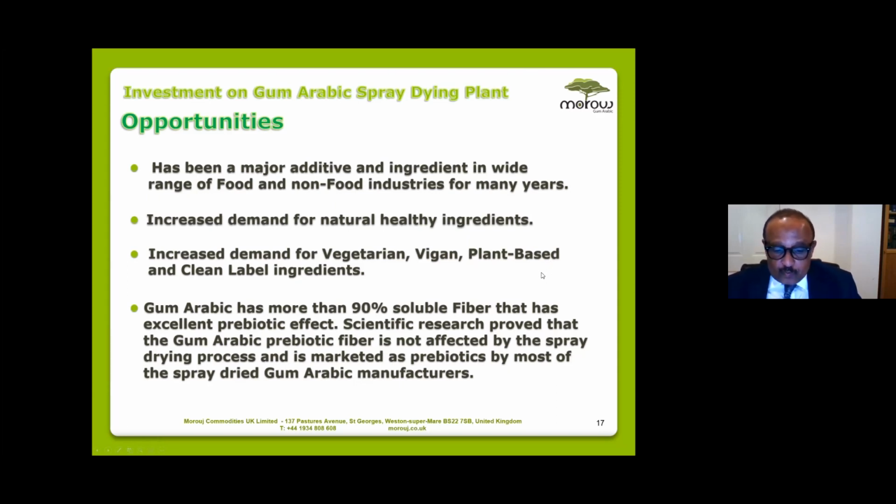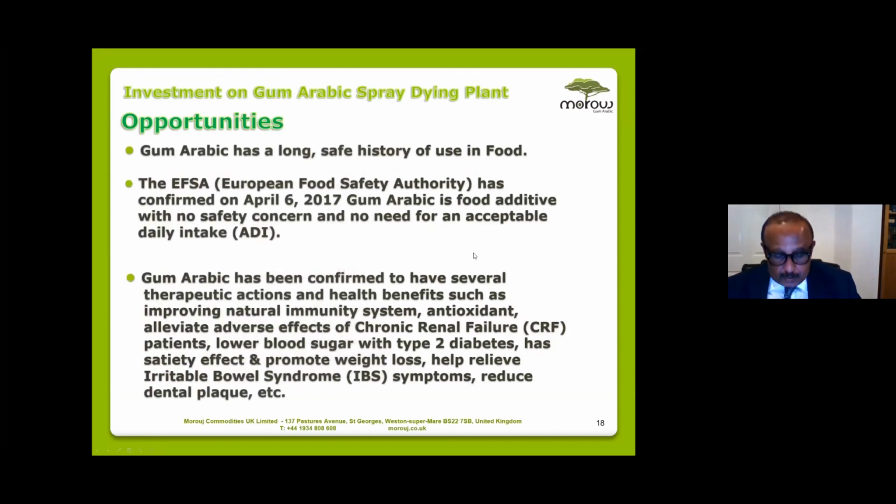Scientific research has also proven that spray-dried gum has more than 90% soluble prebiotic fiber, and most spray-dried gum arabic manufacturers promote or market the gum as prebiotic. Gum arabic is also known to be safe in food. The EFSA in 2017 stated that there is no need to specify an acceptable daily intake for it.